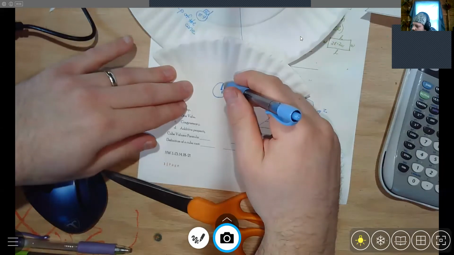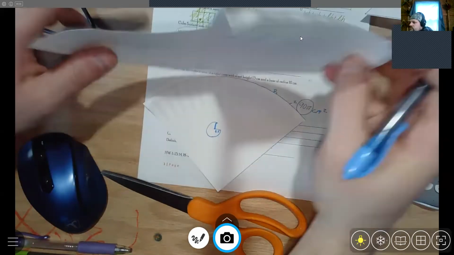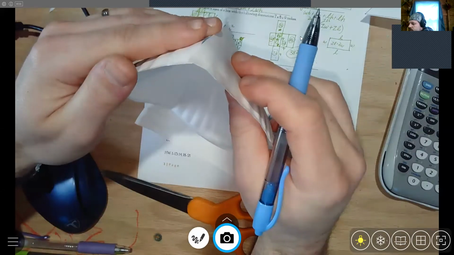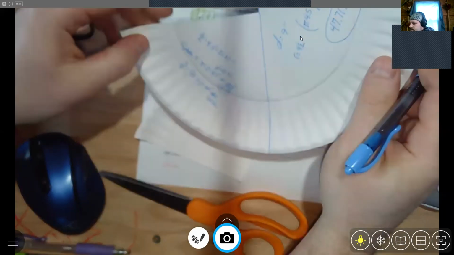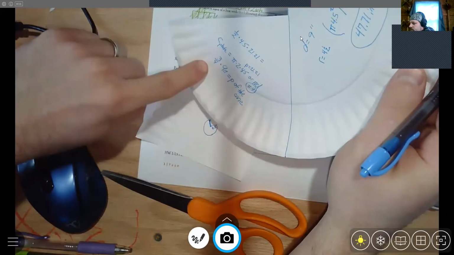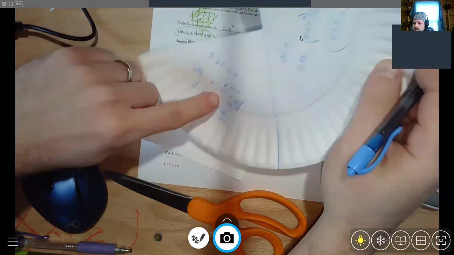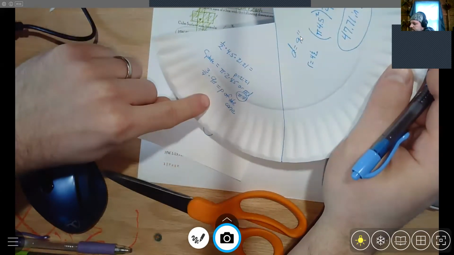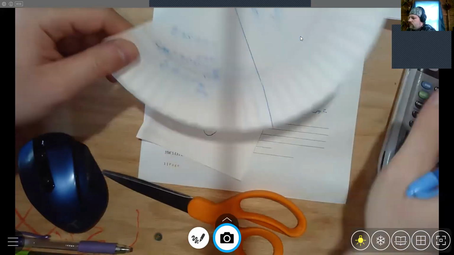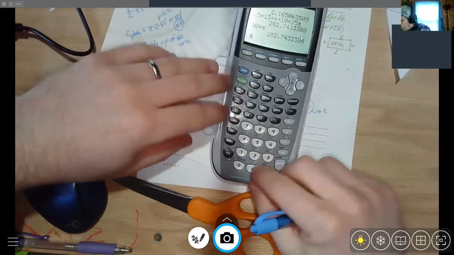And notice when we put these two edges together, we said that the perimeter, we've already figured that out, right? The perimeter of the cone was 3/4 the perimeter of the plate, right? And so that's the 21.21 number here, 3/4 of 9 pi.